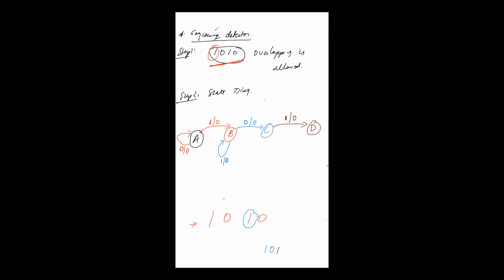Now you have to start again. Why? Because the sequence you have to detect is 1 0 1 0, but you are getting 1 0 0. If you are at state C and you get 0, you have to again search for 1.